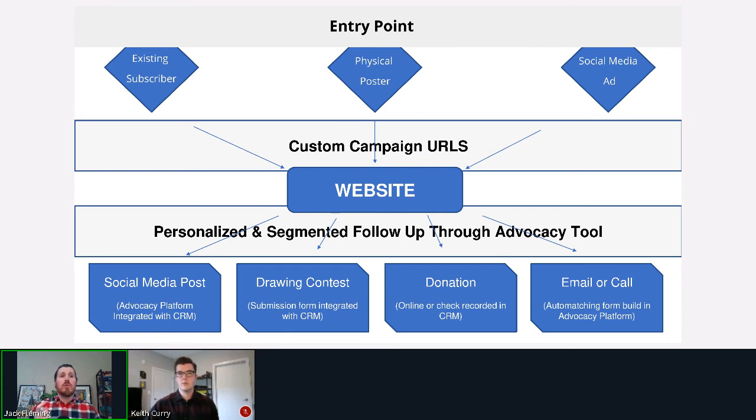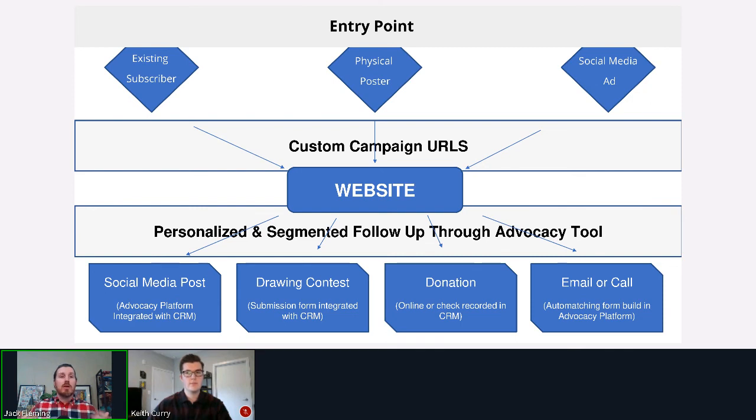And you can figure out, we have limited budget. We need to put it where the money is going to get us the most engagement. You can start narrowing down. Like, we should really just be focusing on social media ads and not the physical poster because people don't click to it. Great, so shift a little bit of that budget. Those are the two big benefits of custom campaign URLs.